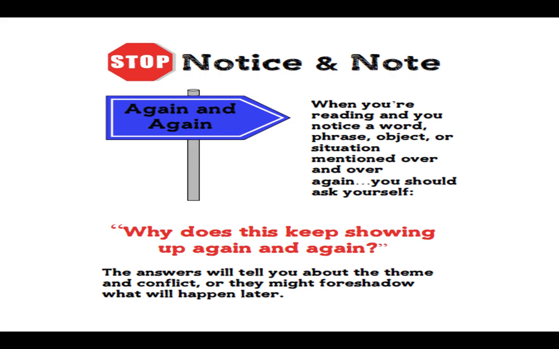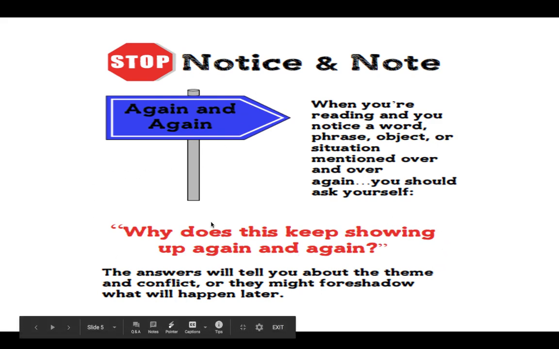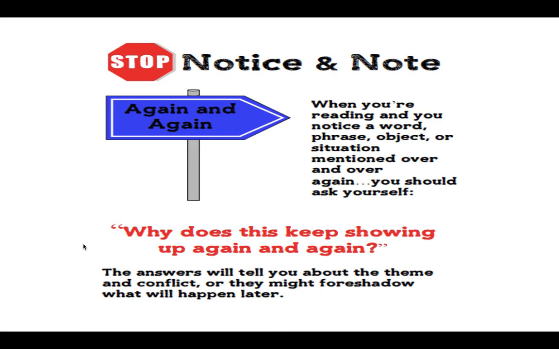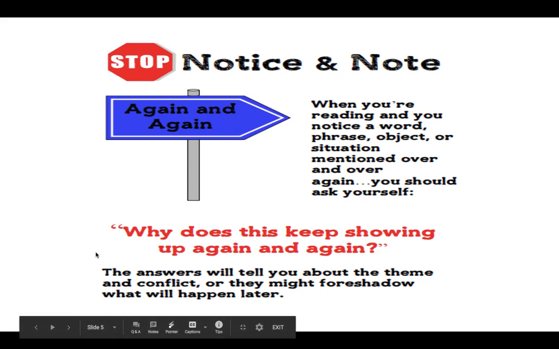However, it's not just noticing the pattern that is enough. You have to do something with it. So that's why we have this question here to help us do something with it. Why does this keep showing up again and again? Go back to my example of when one of your friends kept leaving when somebody else came to sit down. I might think, if I ask myself this question, why does it keep happening again and again?